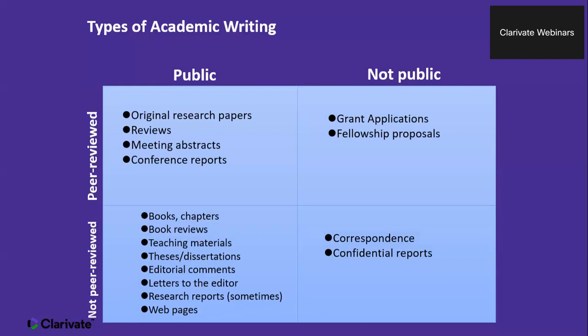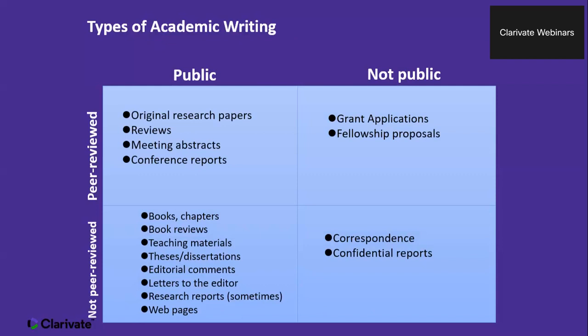At the same time, there are non-peer-reviewed publications too. These could be theses and dissertations. Though they are reviewed by a committee, they do not come under the ambit of the formal journal peer review process. You could have web pages or editorial comments.